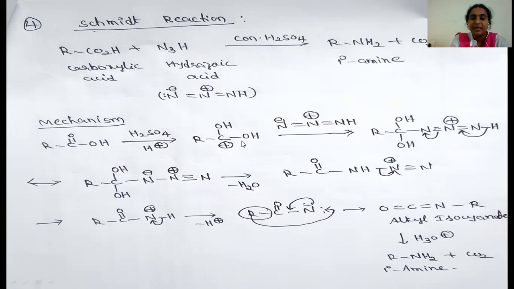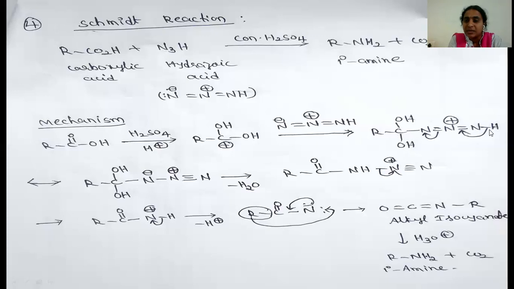Simultaneously, this pi bonding electron shifts towards the oxygen, then carbon gets a plus charge here. Now it reacts with hydrazoic acid, N3H. In this N3H, the last nitrogen, which has the minus charge, donates its electrons to the carbon because it is deficient, and makes the bond between carbon and nitrogen. The remaining structure is the same: RCOH, nitrogen, double bond N plus, double bond NH.